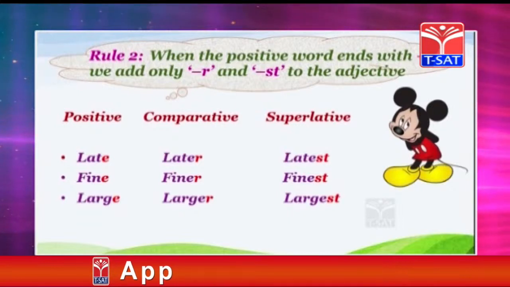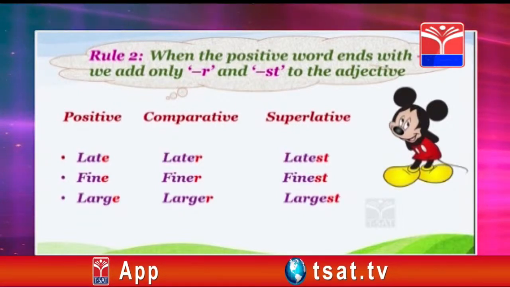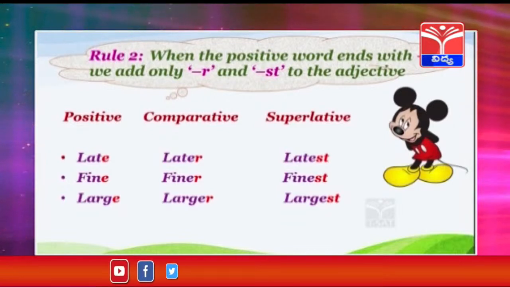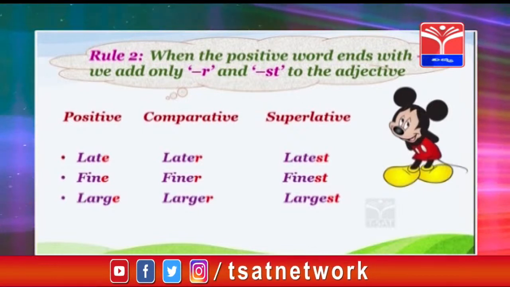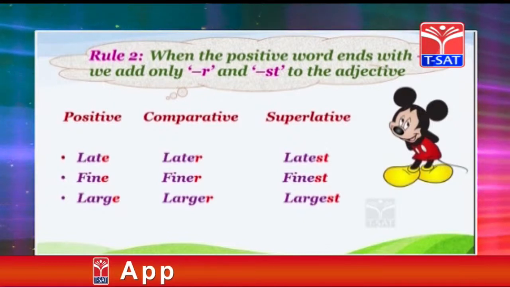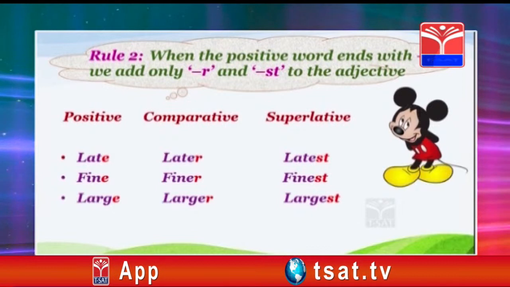But here, according to rule number 2, when the positive word ends with the letter E, we add only R in the comparative degree and only ST in the superlative degree. So children, shall we go through the examples now? Okay, let us read these words.